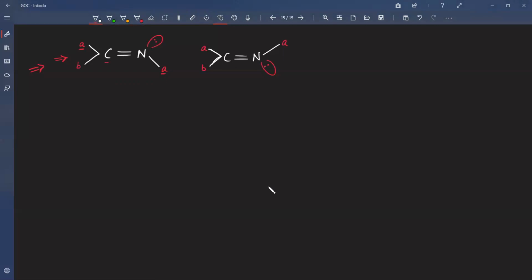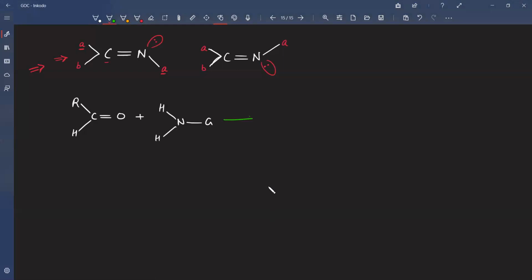So how it happens? Let's say there is R, C, H, double bond O, that is an aldehyde. Suppose this reacts with H, N, H, and some group here. This is a generic reaction which you will study later, but right now I'm just giving you the overview of such reactions.